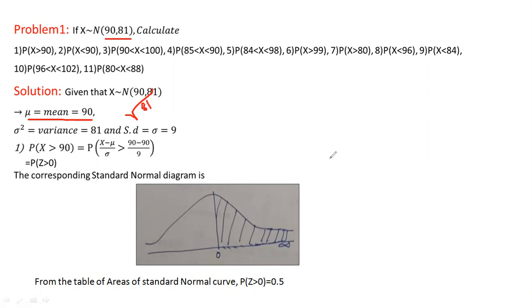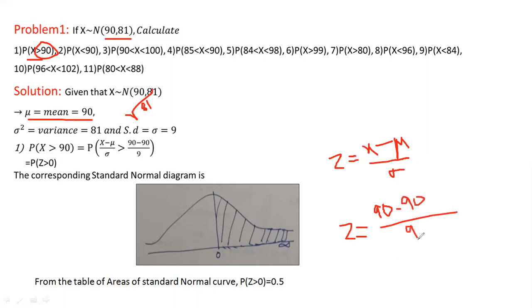So we get the Z scores using the formula Z equals x minus mu by sigma. So for the first example, if I want to calculate probability of x greater than 90, the value of x is provided in the question, which is 90, and mu is 90 and the standard deviation is 9.